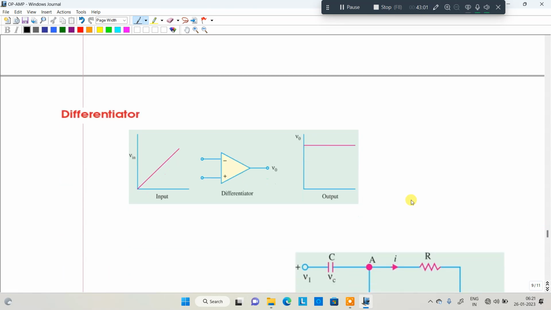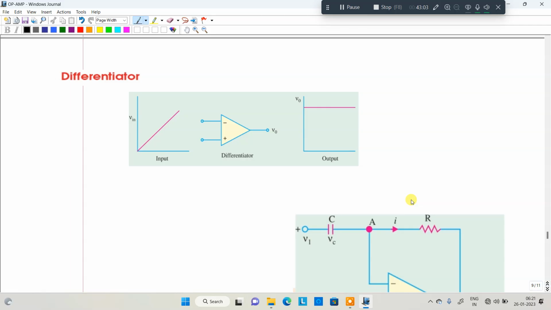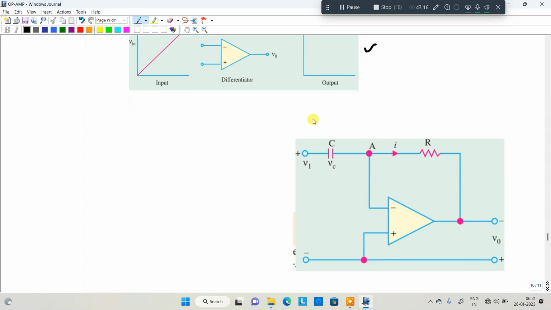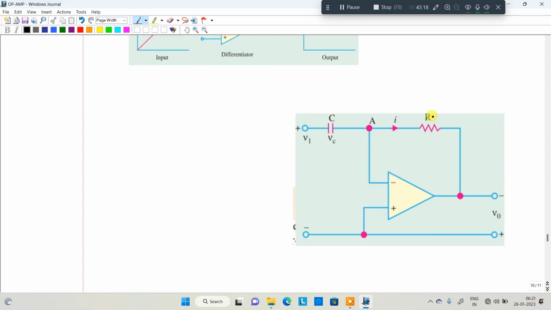In case of a differentiator, the input is differentiated and presented at the output. For example, a linear signal is converted into a constant signal. Differentiation of a ramp signal is a constant signal. See here, just interchange the resistance and capacitance and you will get the differentiator. Again here the current will be 0. What about the current now?